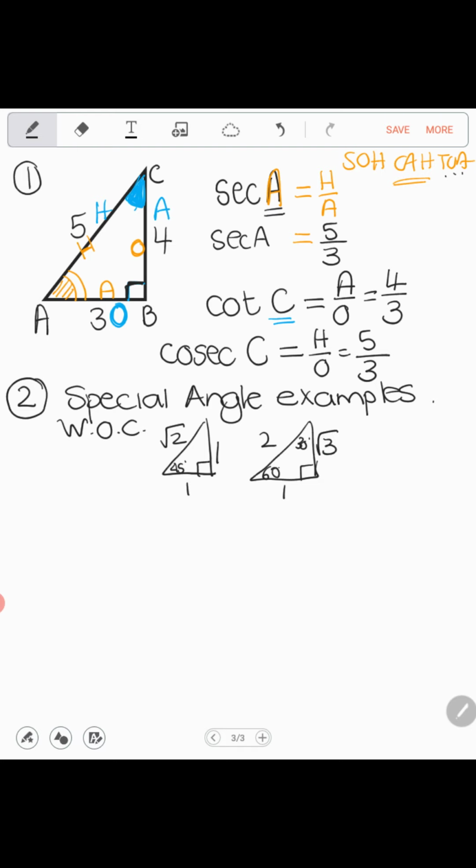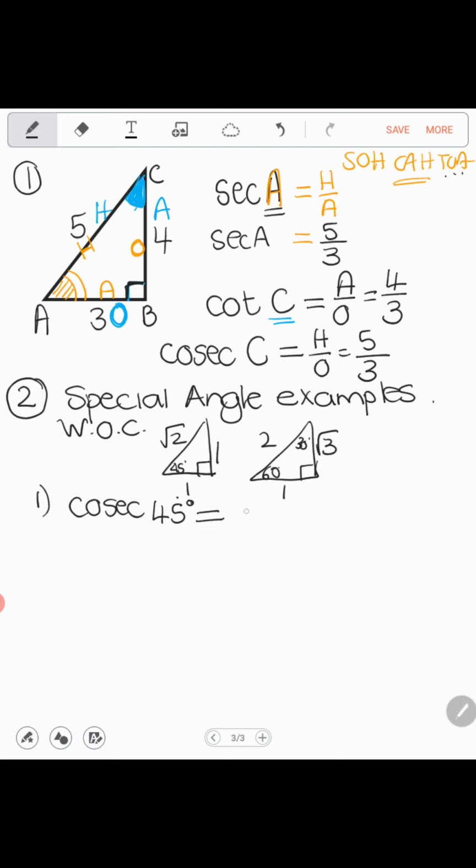So if I asked you to calculate cosec 45, we'd obviously be looking at the 45-degree triangle. Okay, so we've got to think two things. What does cosec go with? Cosec goes with sine.